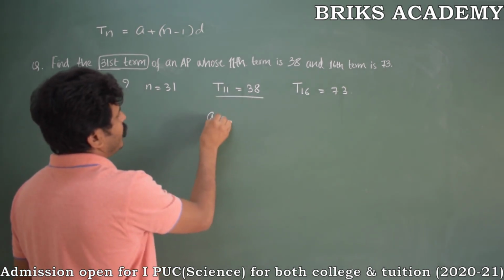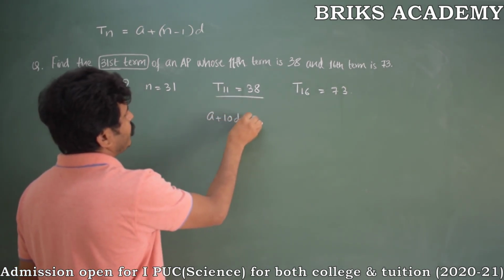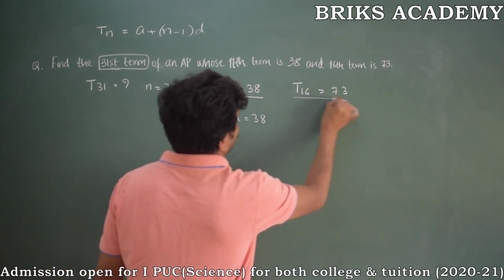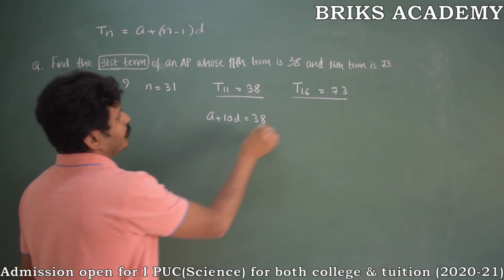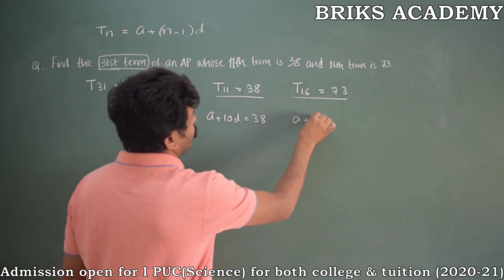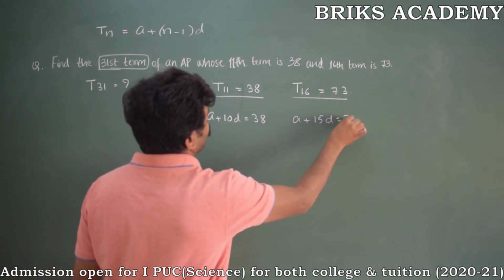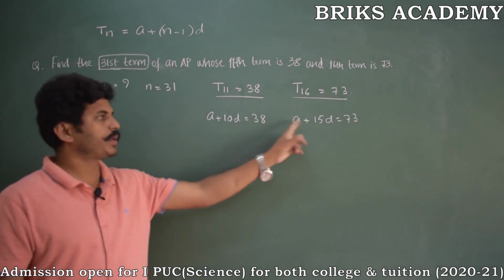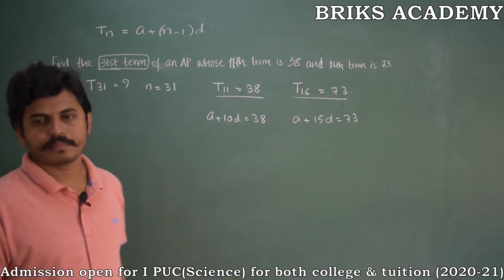That is A plus 10D equal to 38. What is the 16th term? A plus 15D equal to 73. I need to solve these two linear equations to get A and D.